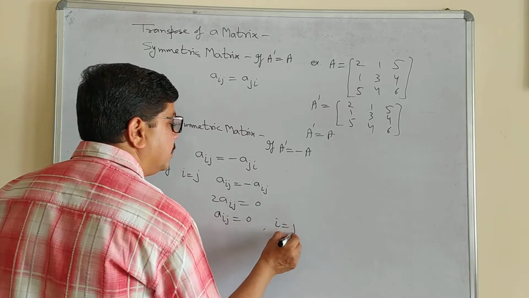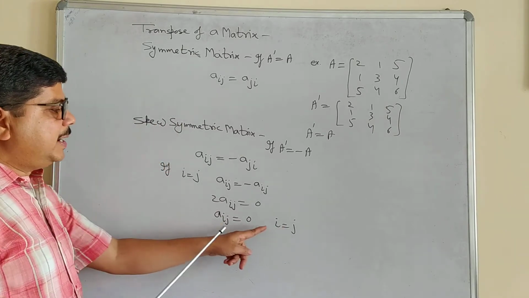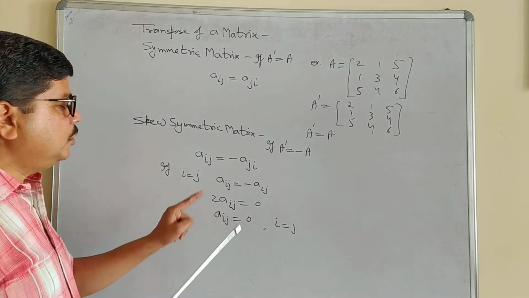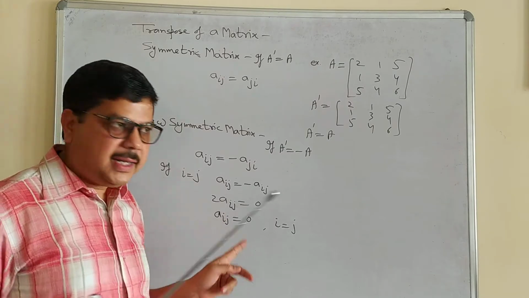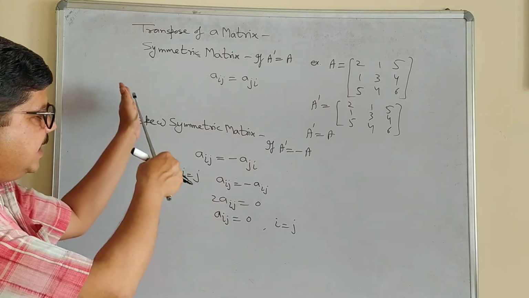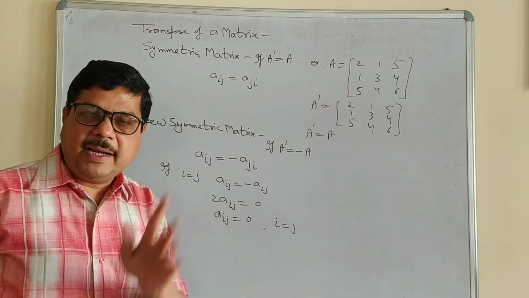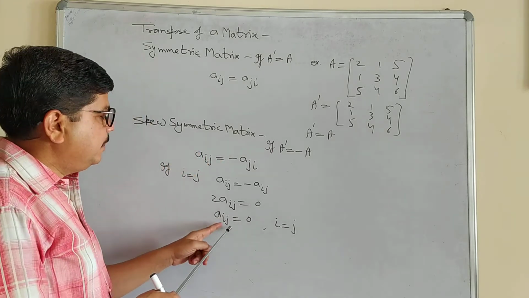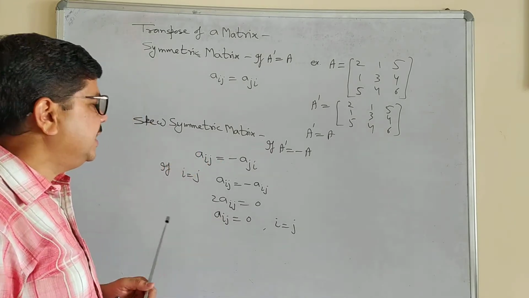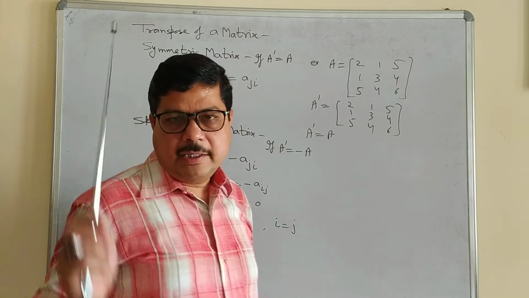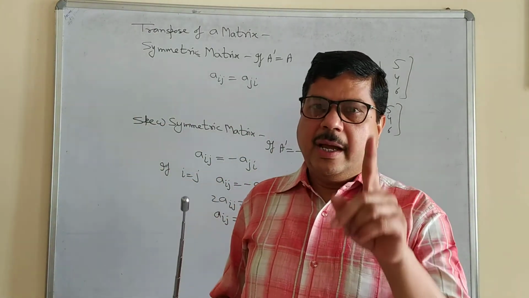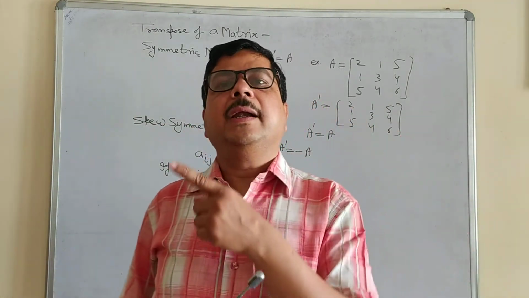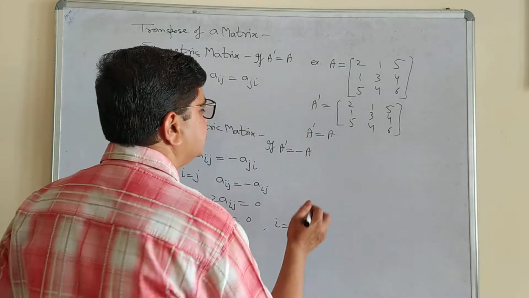When i equal to j, Aij is 0. So when i is equal to j, what Aij becomes? Aij are the elements along the main leading diagonal, that is A11, A22, A33. So we find that for a skew-symmetric matrix, elements corresponding to main diagonal are 0.